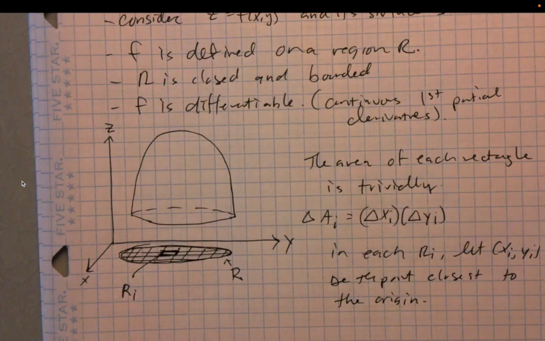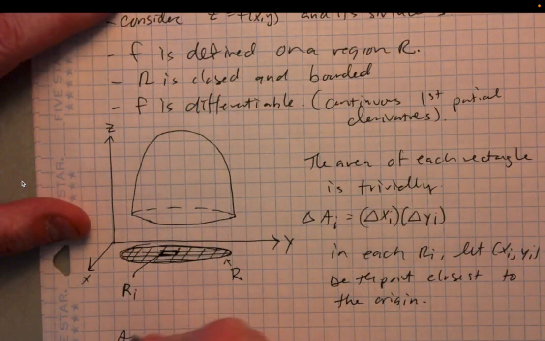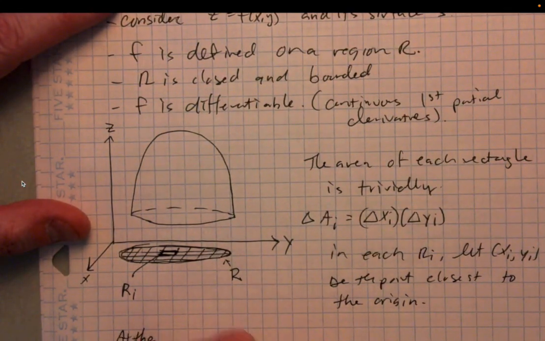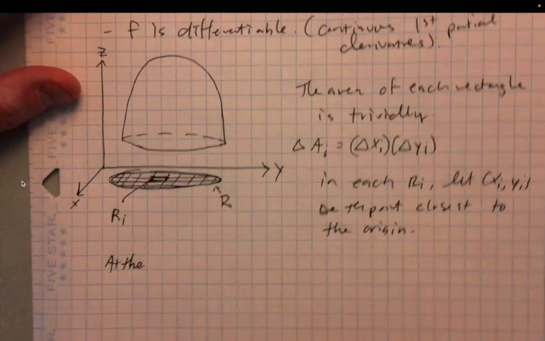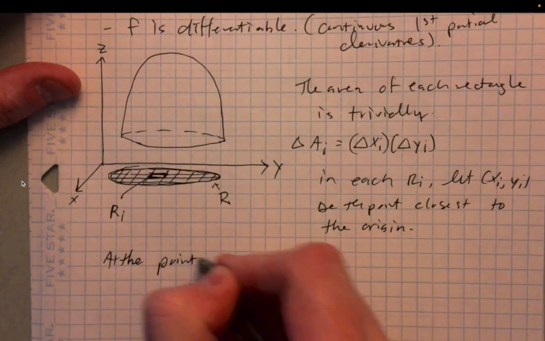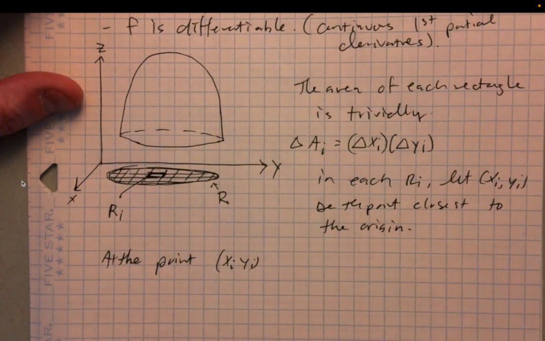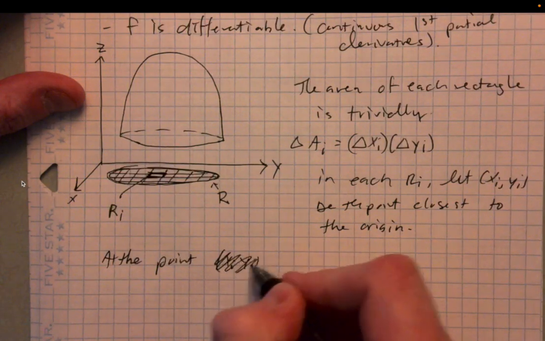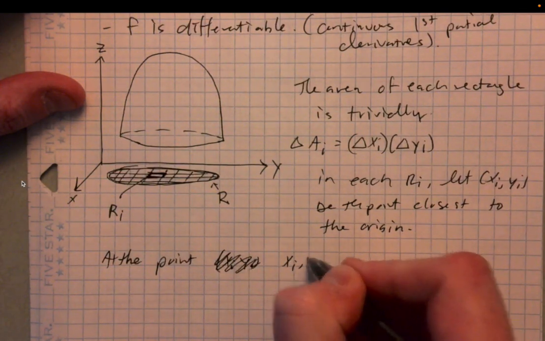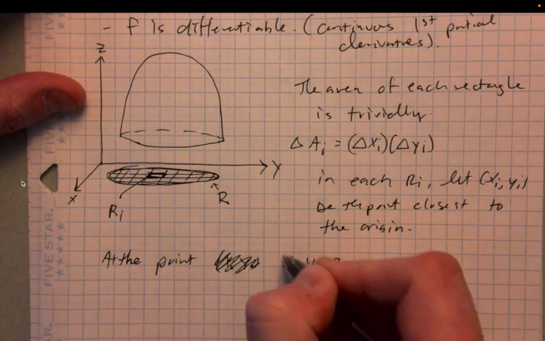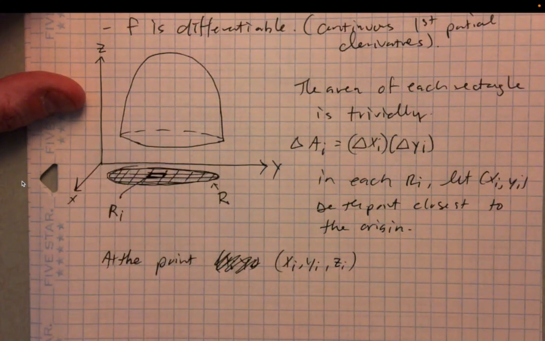Now we have to somehow extend this idea of area up into the surface. At the point (x_i, y_i), actually I want to write it like this: at the point (x_i, y_i, z_i), because it's a point on the surface.